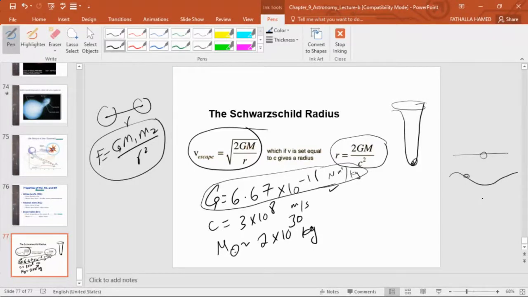In the case of a black hole, the black hole will become very dense, so it's making a very deep depression in the space. So anything that comes very close to it, the gravity will be very strong. But if you're further away, you may actually revolve around it.